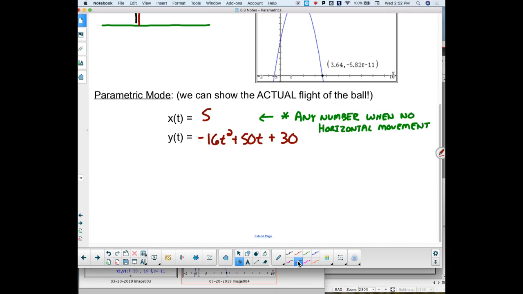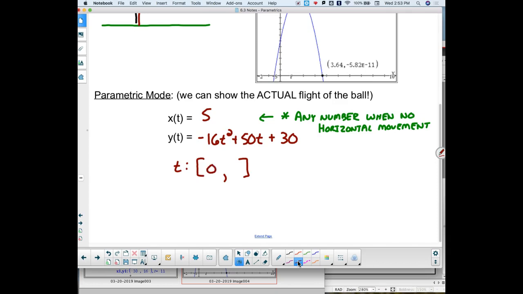Now we're on with t's. I need to set my t values. What t values should I go with? When do we start calculating the height? At 0, right? When I initially launch it. So we're going to start at 0.